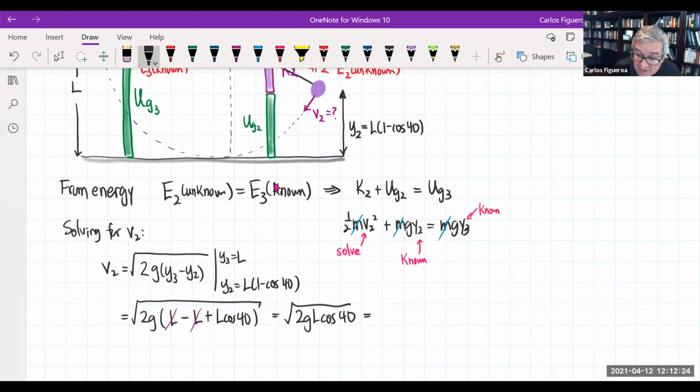Remember that we know the length here is 1.25 meters. So if I compute this, I'm going to get a value of 4.33 meters per second, which will be the speed V2. So now I know what V2 is right there.